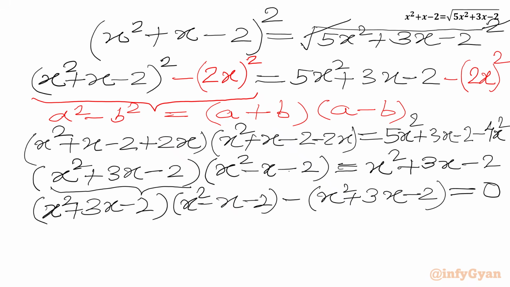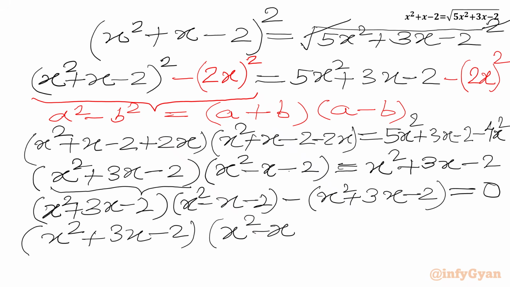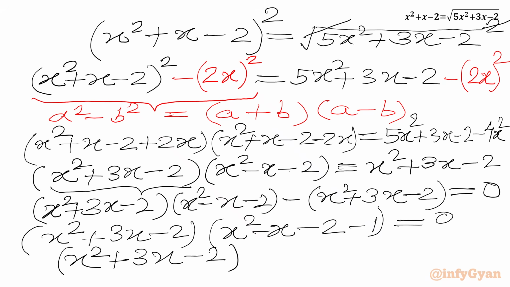Now we will take x square plus 3x minus 2 common. So in the other bracket we can write x square minus x minus 2 minus 1 equal to 0, or we will get the factorization (x square plus 3x minus 2) times (x square minus x minus 3) equal to 0.